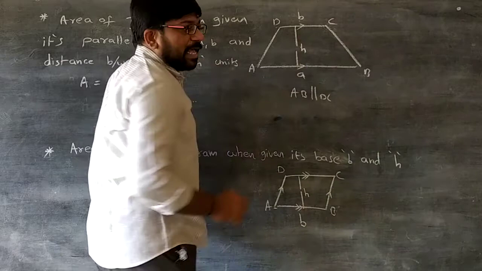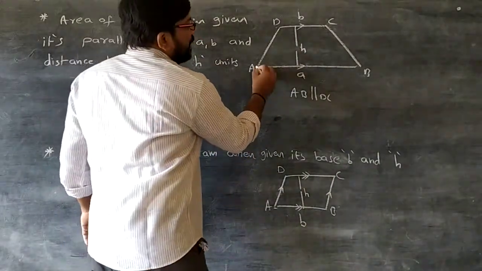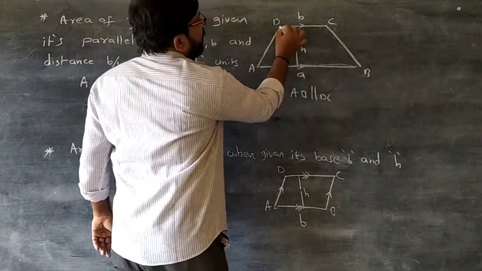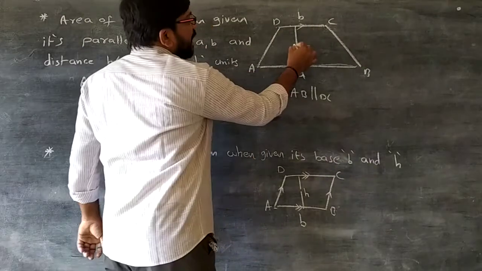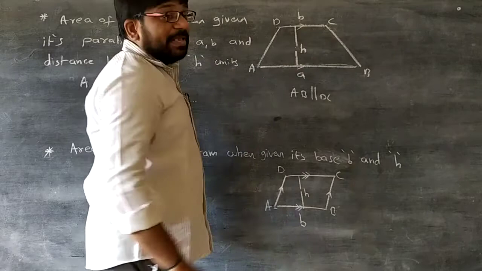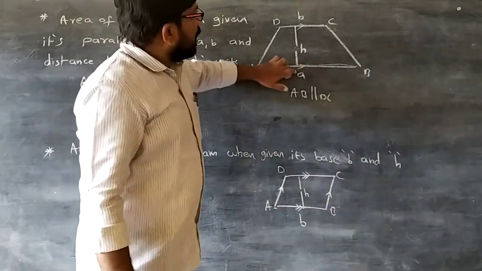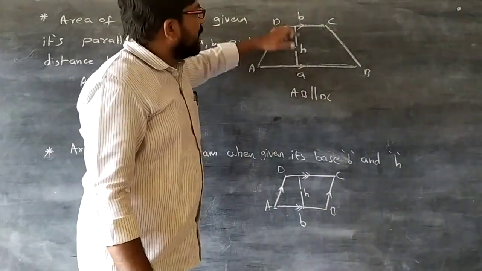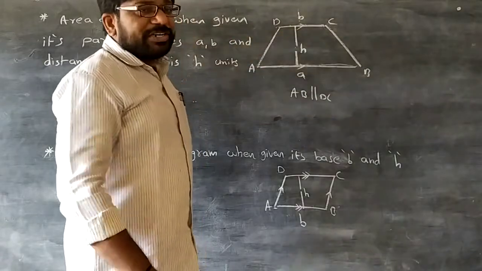These two sides are parallel, and the parallel sides are A units and B units, and H is the distance between them, or height of trapezium.